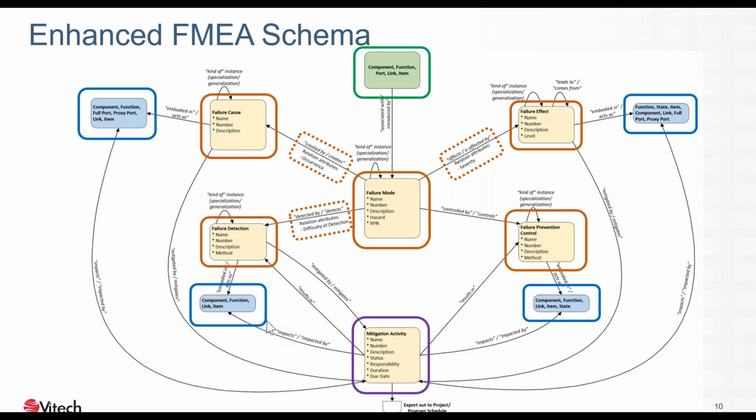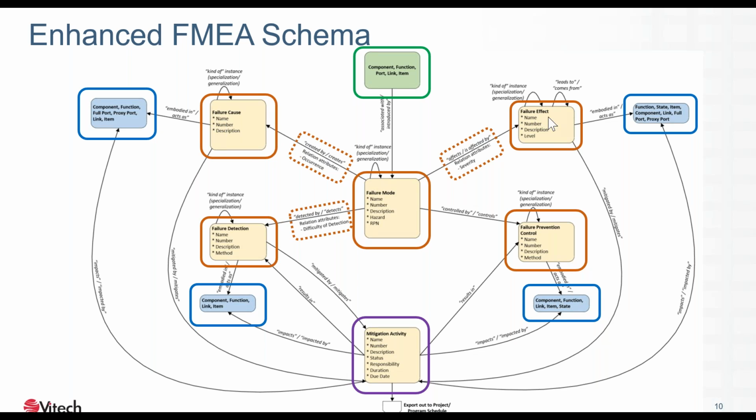And then you'll see these items in blue. So everything we've talked about, the things in orange, are analysis concepts, right? We're doing object-oriented, model-based FMEA now. If we want to tie that back into what we think of as the physical or functional elements within our model, we can use this embodied in relationship to essentially do an allocation.